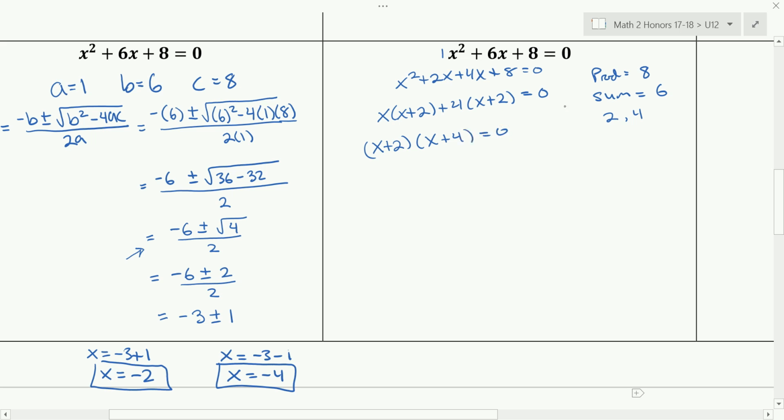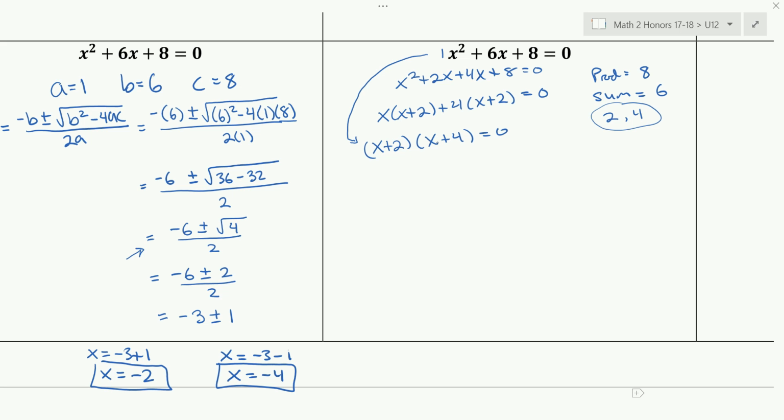I don't know if you remember me saying there, sometimes you can take that shortcut. You guys remember when you can take that shortcut? If A is 1, whatever you get here, the 2 and the 4, will always match what you get when you factor. If A is not 1, then you have to go through this process. So just FYI.